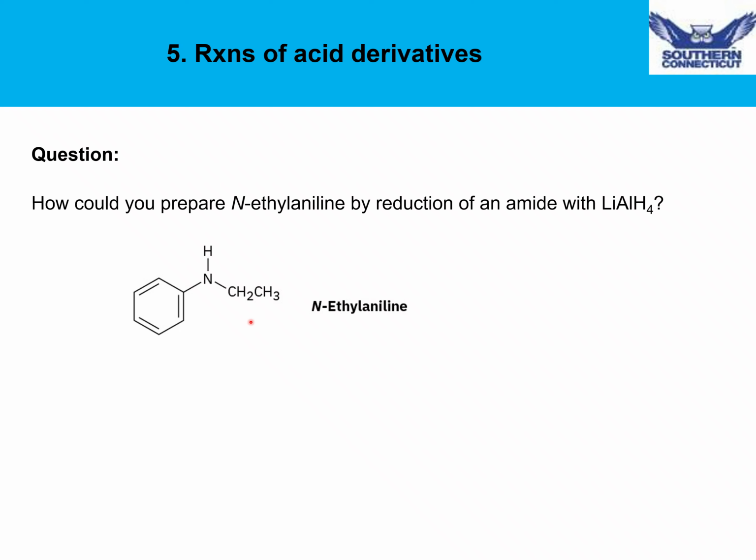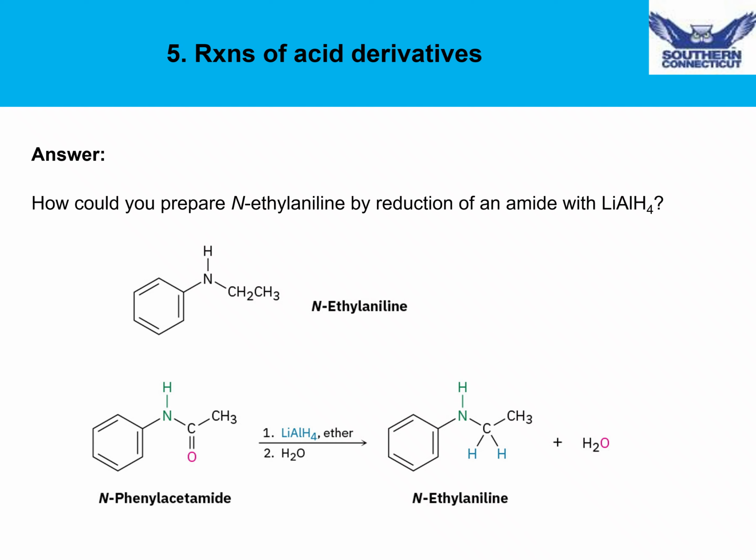In this question, we want to think about how we will prepare the following amine, N-ethyl aniline, by reduction of an amide with lithium aluminum hydride. The reduction of amides to amines will occur as follows.